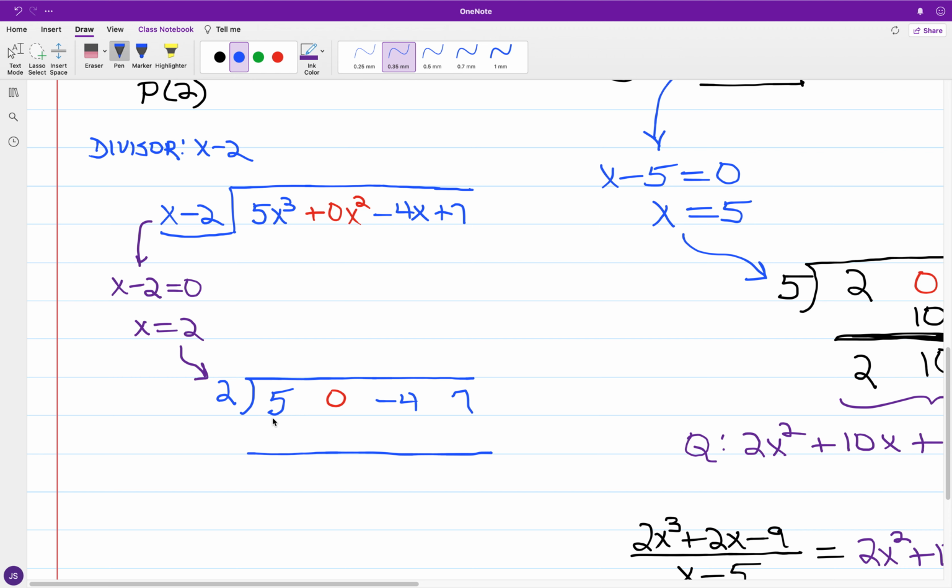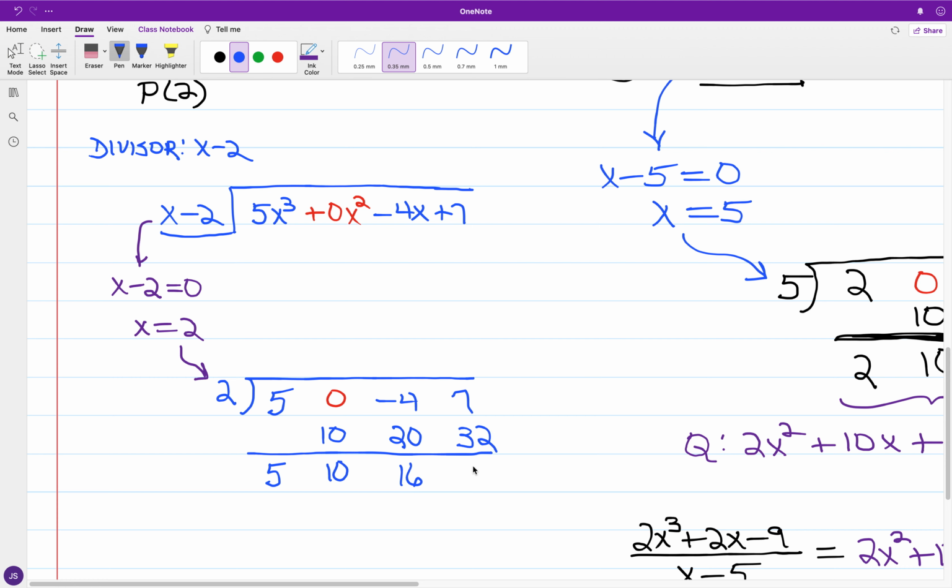So with the leading coefficient 5, I'm going to bring this down. Then we have 2 times 5 is 10. 0 plus 10 is 10. 2 times 10 is 20. Negative 4 plus 20 is going to be 16. 2 times 16 is 32.